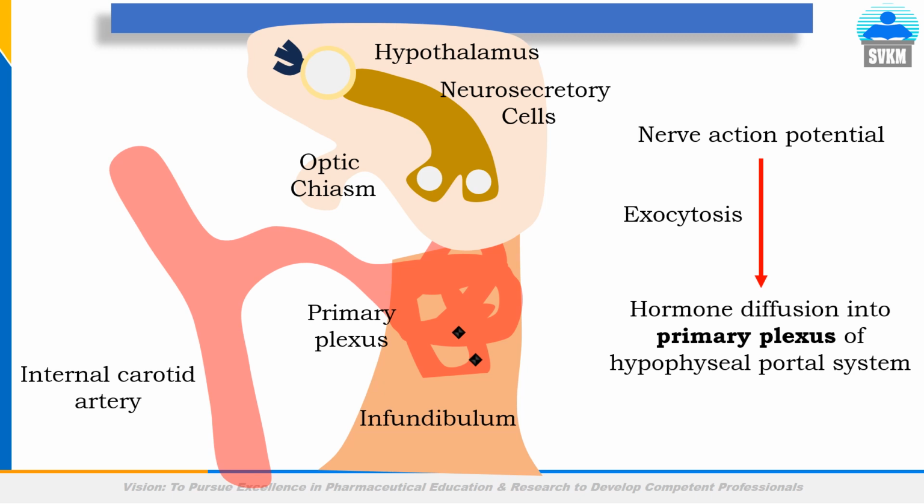So after the nerve action potential and exocytosis, the stored hypothalamic hormone is released into the primary plexus of the hypophyseal portal system, and these primary plexus are nothing but the branches of the internal carotid artery at the point of the infundibulum.